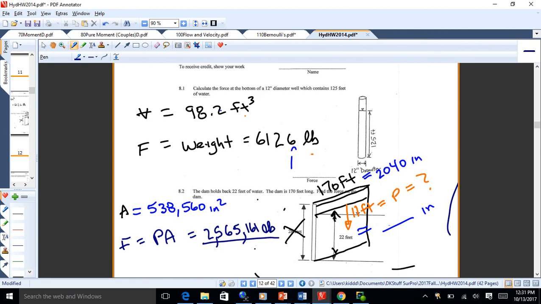First off, I'm not using the 28 at all. That's got nothing to do with anything. You get the height of the water. I want the average pressure. So to get the average pressure pushing on the dam, I take the pressure halfway down the 22 feet. Is that good? So half of 22 is 11.